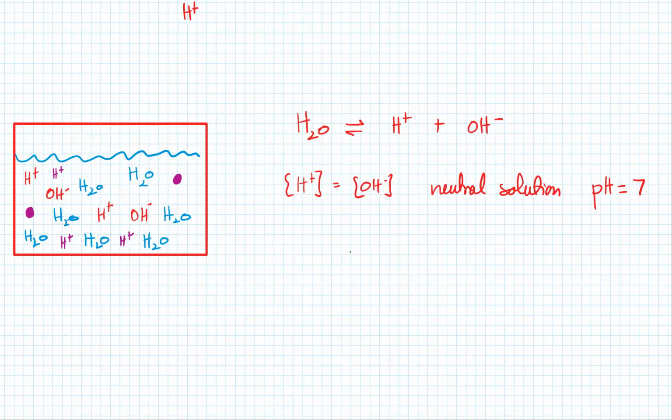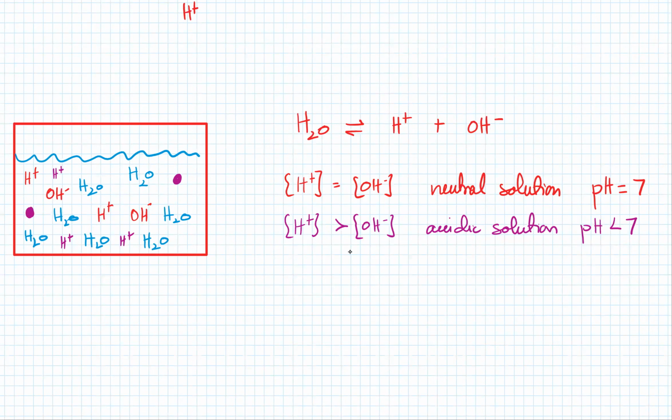So in that case, the concentration of H+ ions would become greater than the concentration of OH- ions, and this would be known as an acidic solution. You're going to call it pH less than 7.